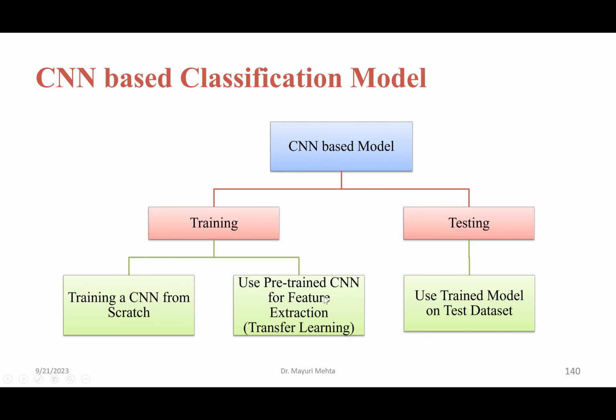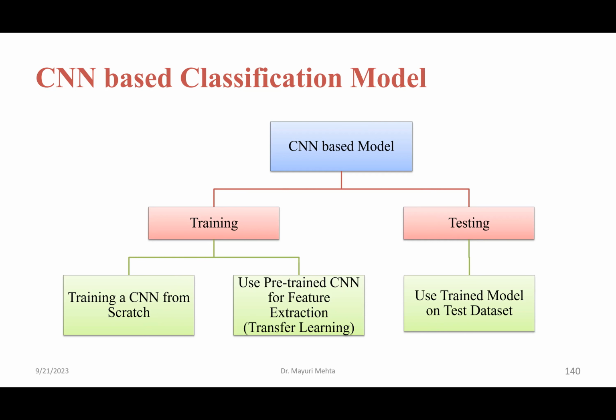I'll tell you how this works, but it is called transfer learning. Whether you train from scratch or use a pre-trained CNN, after that testing is carried out, which uses the trained model on test data.